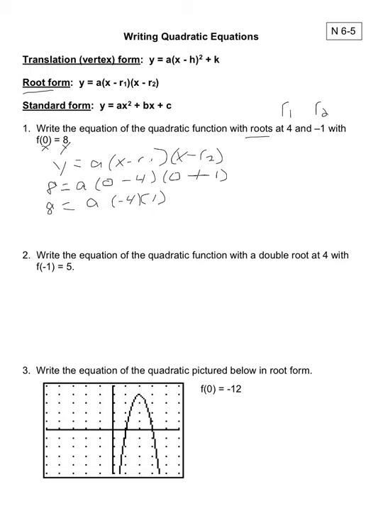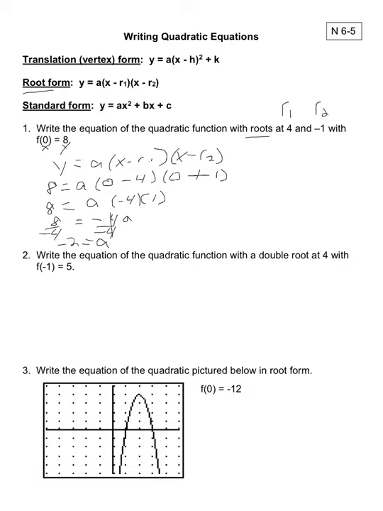And then again, the a is touching it, so that means multiply, so it's negative 4a equals 8. Now to solve for a, I divide by negative 4, and that gives me a equals negative 2.